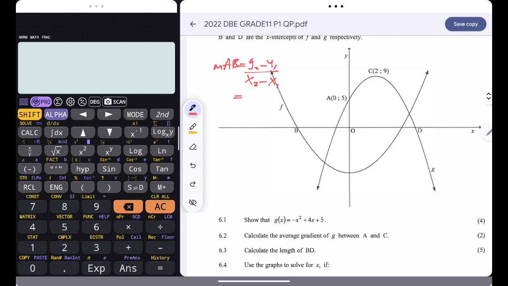The gradient of line AC, I'll simply take the y value at point C, which is 9, minus the y value at point A, all over the x value at point C minus the x value at point A. That will give me 9 minus 5 is 4, 4 over 2, that's 2.